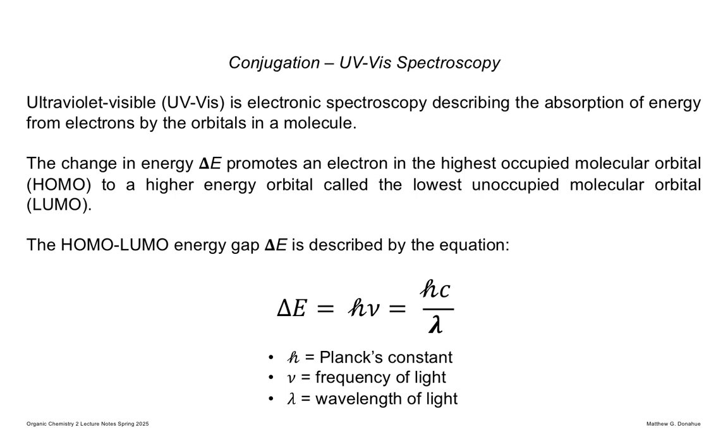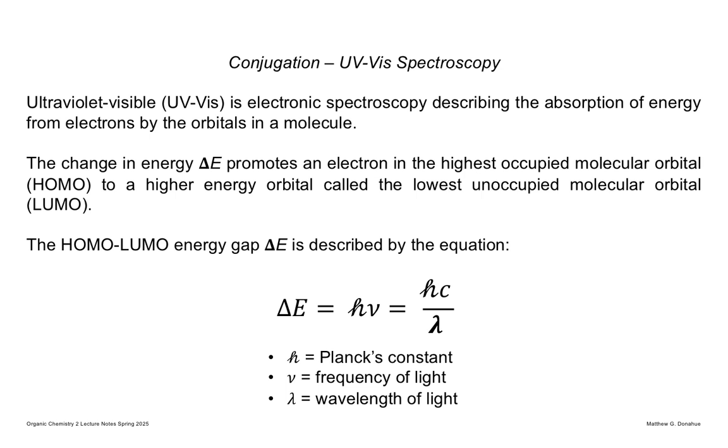And so this is done through UV-vis spectroscopy. So this is electronic spectroscopy. And really what that means is how electrons are moving from one orbital to the next. So you get energy coming in, electrons are promoted into different orbitals. So we know what those orbitals are.